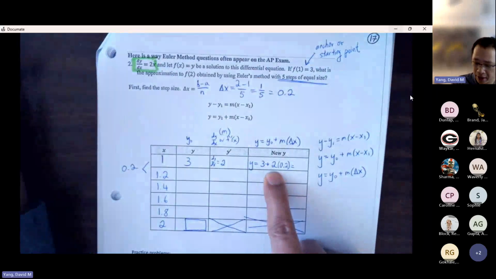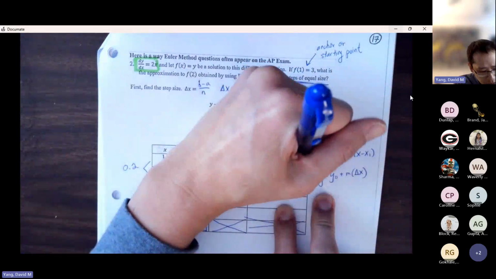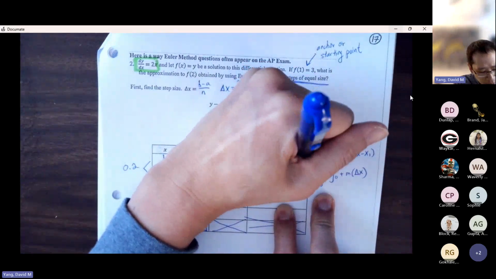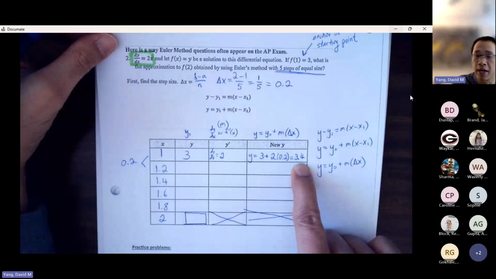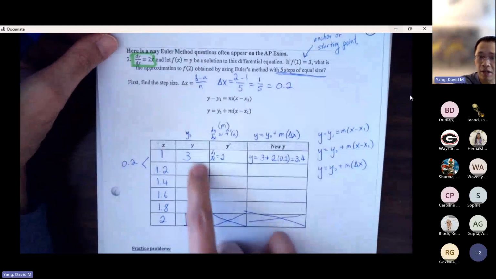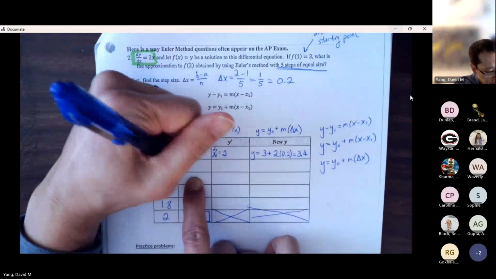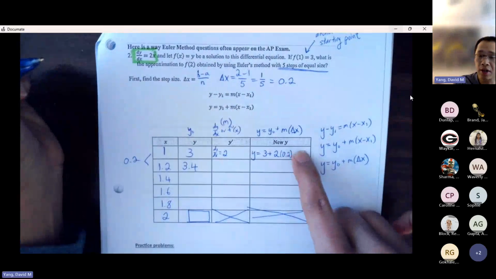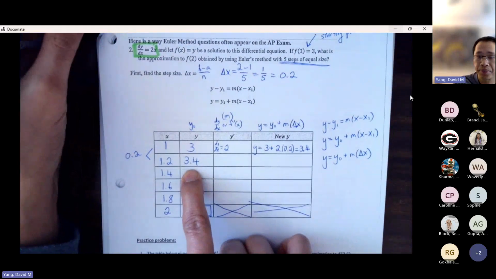Okay, we can use our calculator here. 3 plus 2 times 0.2, that's 3 plus 0.4, which is 3.4. So we have our y value that we can use in our next row. So the new y value that we found is now going to be the starting y value for our next point. So whatever is here, you're going to copy that down to the y value on your next row.